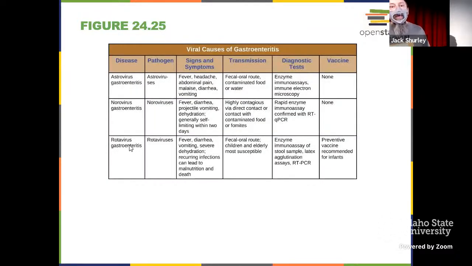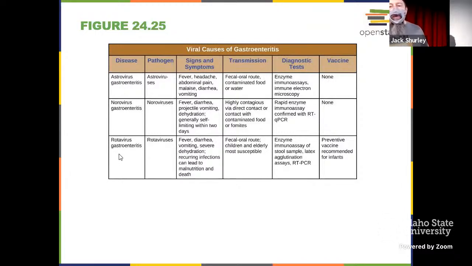All right. So rotavirus, all of these three have issues with gastroenteritis. Symptom-wise, relatively similar as we move through here. There are a few things that may be a little bit different, like with the norovirus, the potential maybe for some projectile vomiting. You know, that's serious business. They have various potentials.